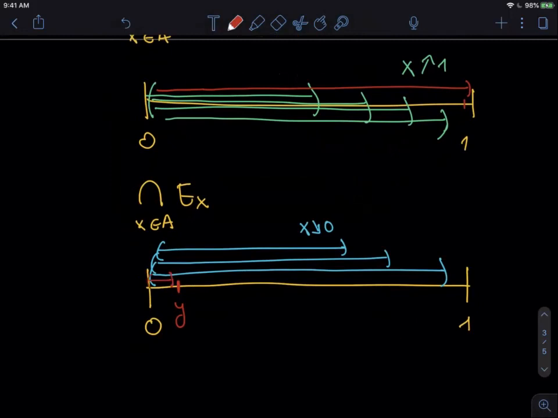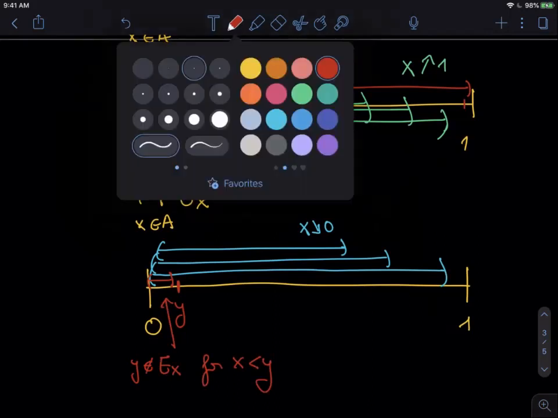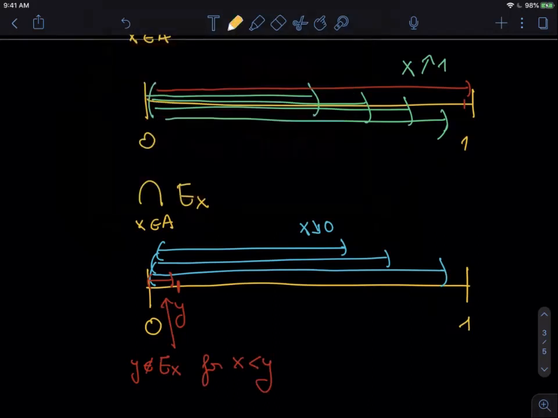So there will be some E_x that don't contain the element y, for x less than y, and this is for all y. That means that any element you pick is not going to be in every single set E_x. So this intersection must be empty.